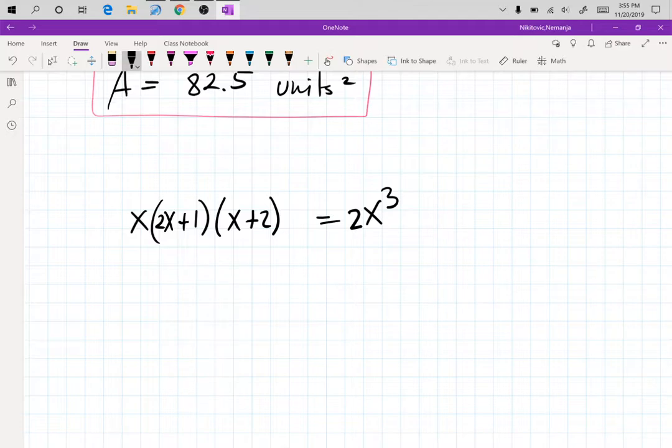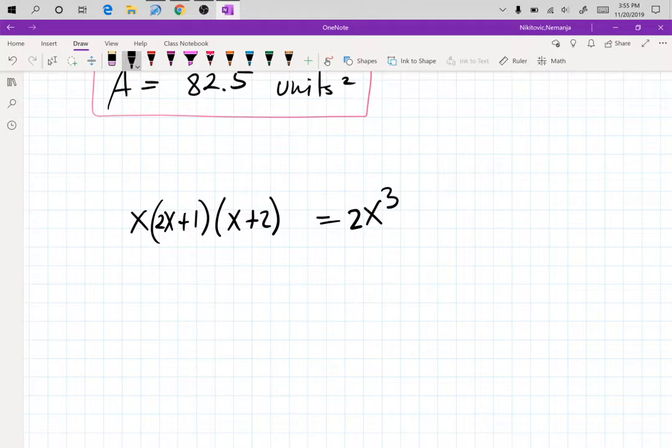Now, you would say, well, why? Well, first off, the first term tells me pretty much everything. The exponent tells me the shape of the function. Positive 2 tells me which way it's going to be oriented. And this is the largest term out of all of them because it's cubed.